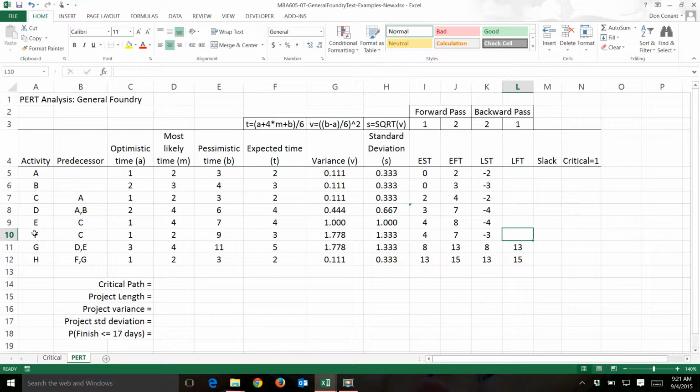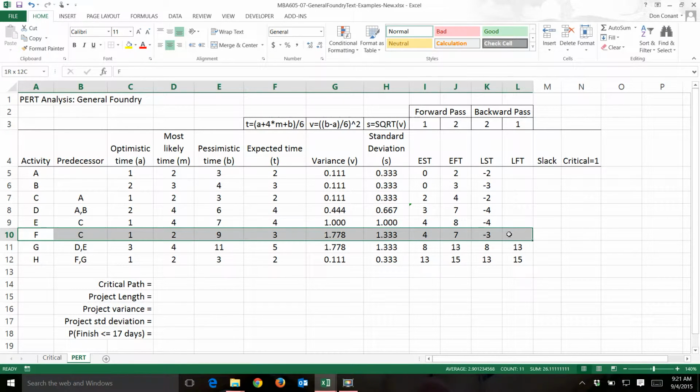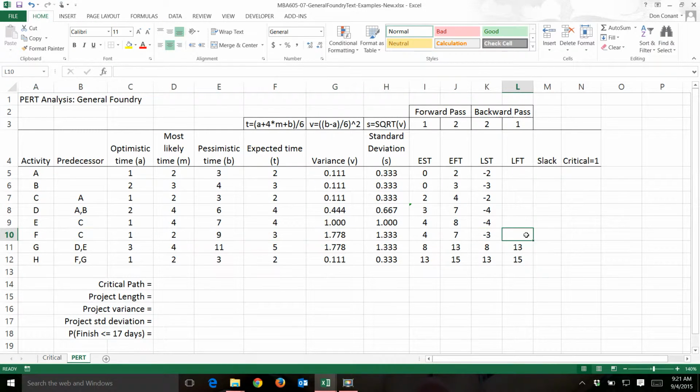I am on activity F. I find activity F in the predecessor column. It precedes only activity H. So again, the latest finish time for activity F is the latest start time for activity H.